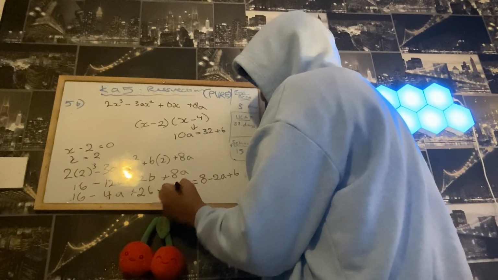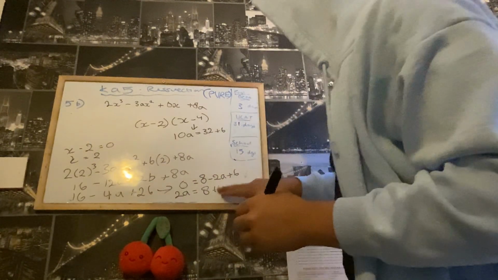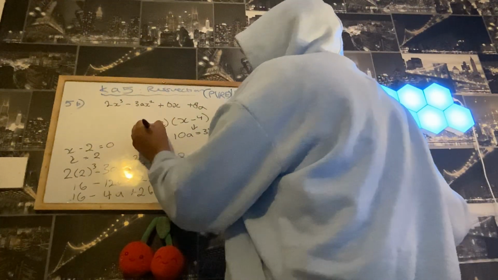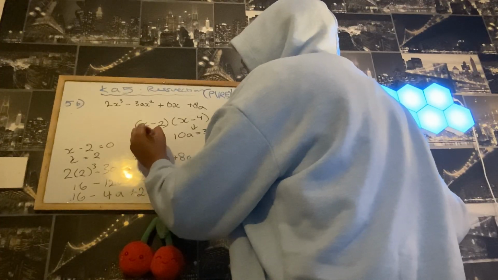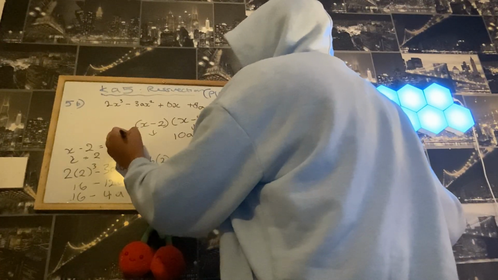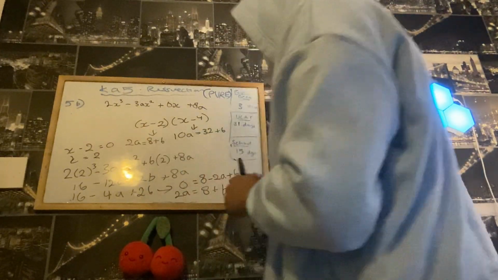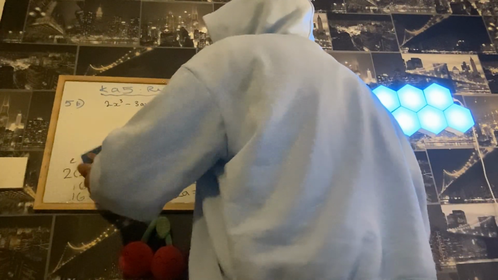If we put 2a over here, we get 8 plus b. Okay, that should not be a 6, that should be a b. So for this one, we got 2a equals 8 plus b. Okay, so that is what happens when you factorize that.